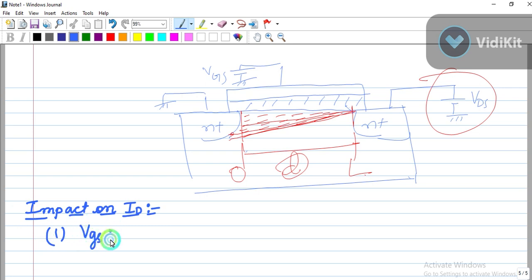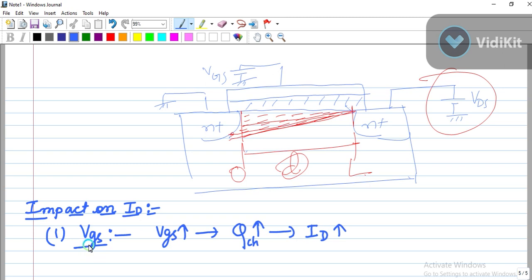How will VGS impact ID? Easily you can think, if VGS is high, then the channel charge Q will increase. Since the charge increases, ID will increase.